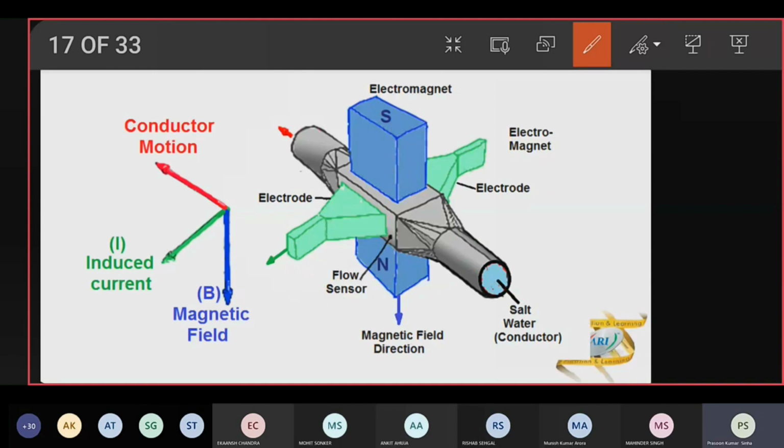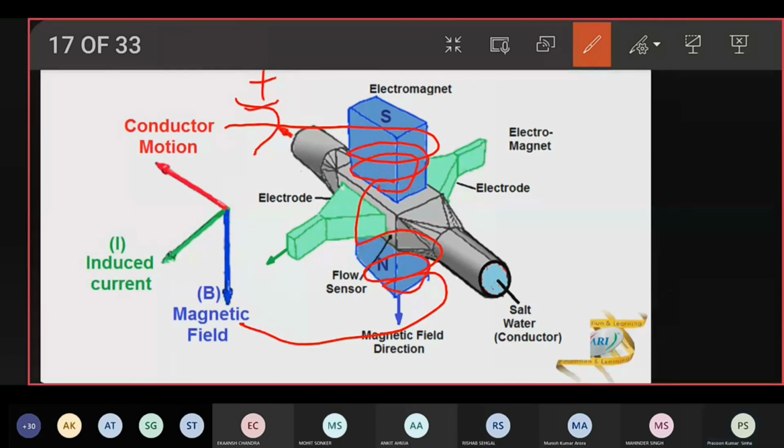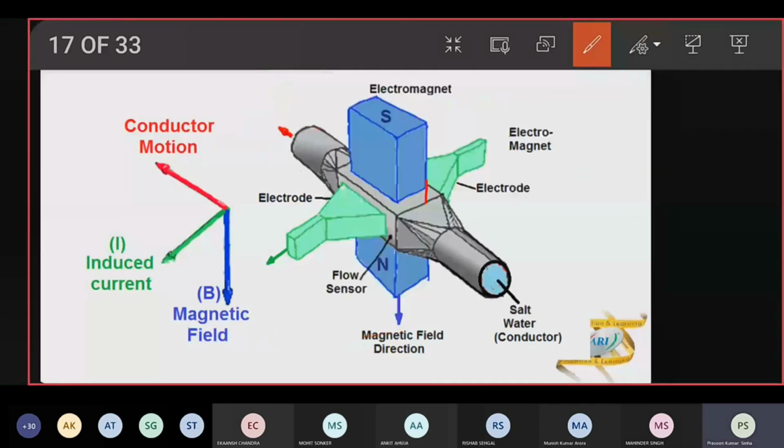How are we making the electromagnet? We have a coil wound like this over the system, and इसके through एक current दे देते हैं. So a magnetic material around which there is a coil, a current is passed through this, then it becomes an electromagnet. So now the magnetic lines of forces are running vertically from one pole to the other pole, and through that there is water passing by, which is the conductor.